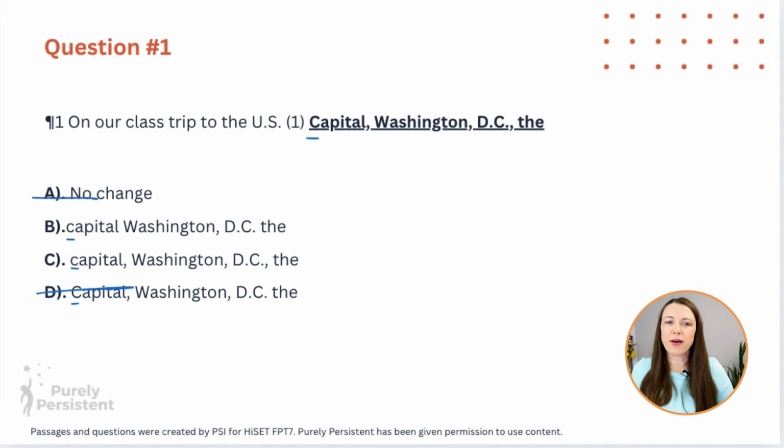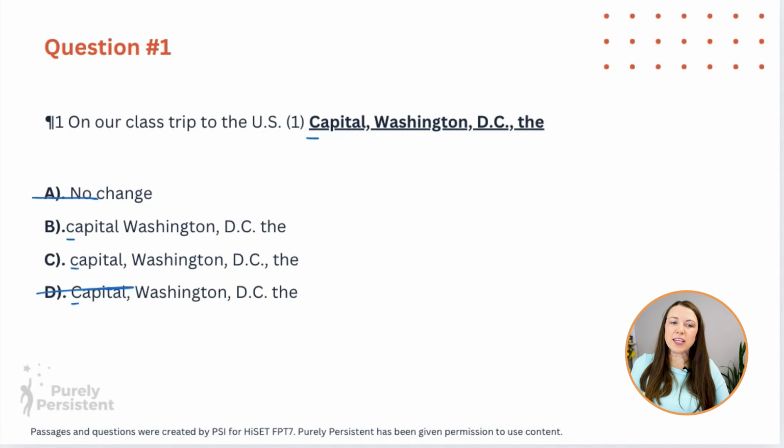And now what we have going on is that comma after D period C period. So on our class trip to the U.S. Capitol, Washington, D.C. So what this is going to do is it's actually going to be giving you a little bit more information. It's called an appositive, okay? So we could just say on our class trip to the U.S. Capitol, the ... however it goes, right?